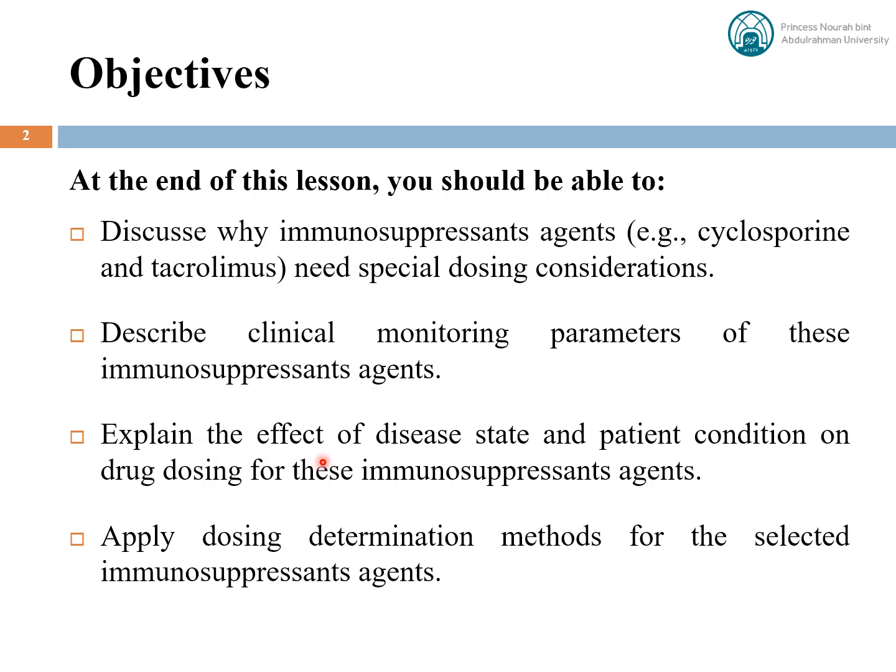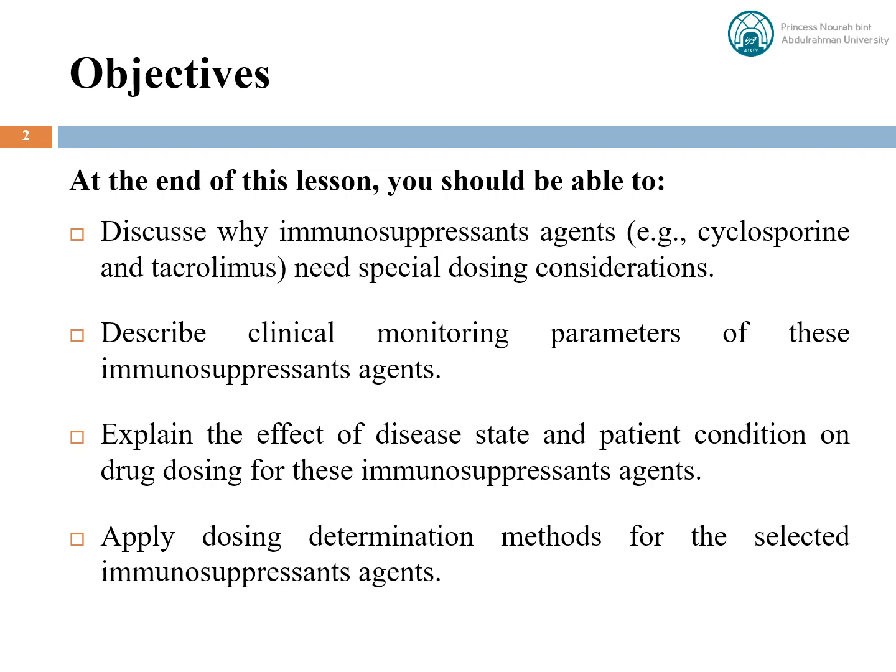We will be able to explain the effect of the disease state and patient conditions, renal impairment or hepatic impairment, mainly because they are the main metabolizing and eliminating organs of the drug outside the body, and explain their effect on the drug dosing for these immunosuppressant agents. And we should be able to apply dosing determination methods for the selected immunosuppressant agents. How to make dosing determination.